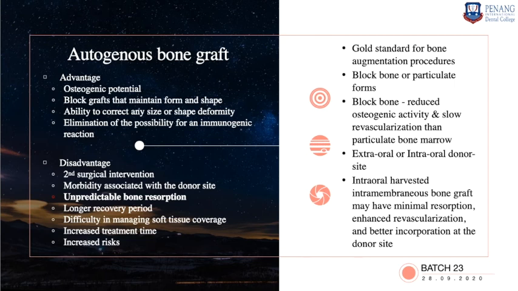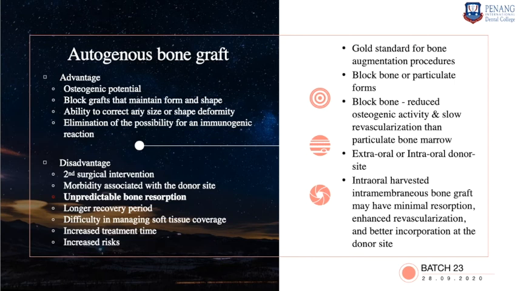When comparing the block graft versus the particulate graft as an autogenous bone graft, the particulate graft has better revascularization and faster healing compared to a block graft, because the density of the block graft is higher, so revascularization will take a longer time.